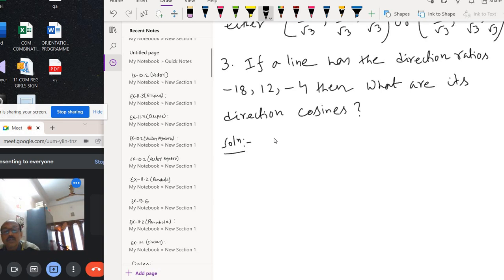Okay, so here direction ratio is given. That means a, b, c: a equal to -18, b equal to 12 and c equal to -4.